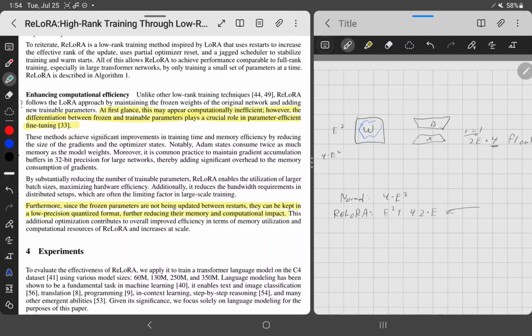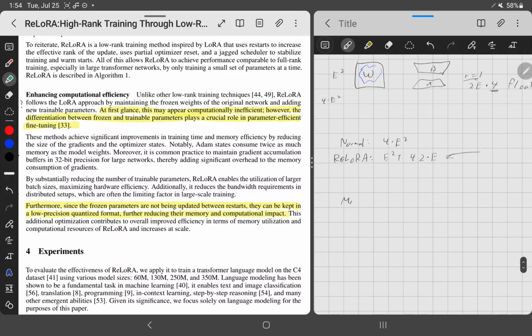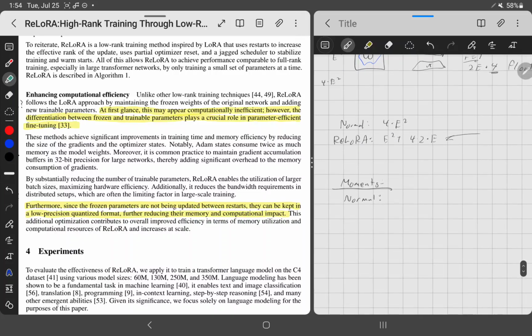So you can see that that's very massive. If you train W normally, then the moments in your Adam optimizer would be 2 because you have the first and second moment, and you're probably storing those in float 32, so 4 by e squared.